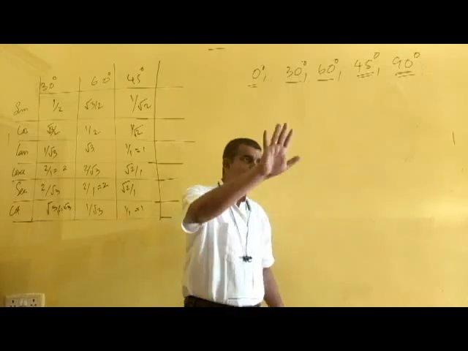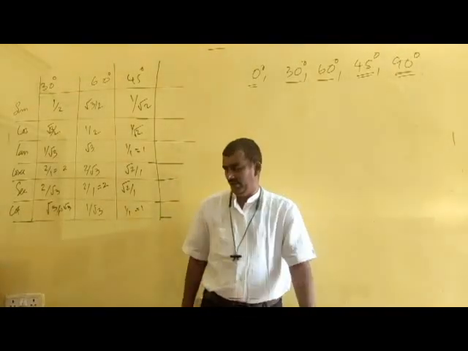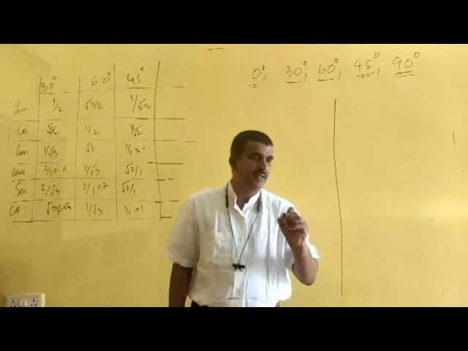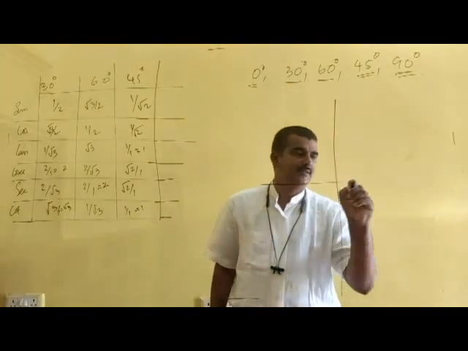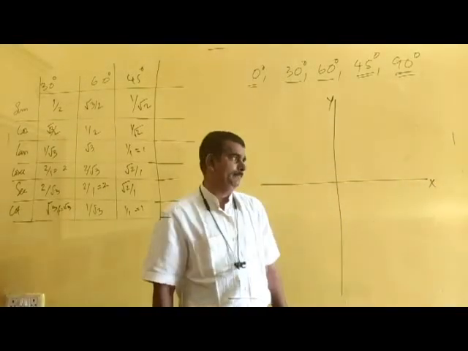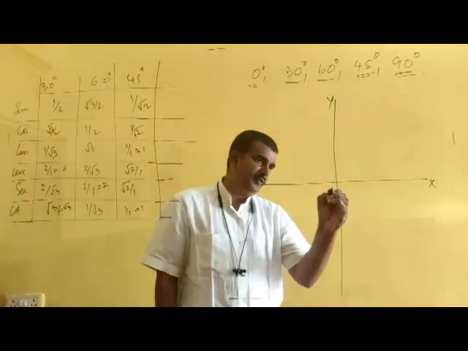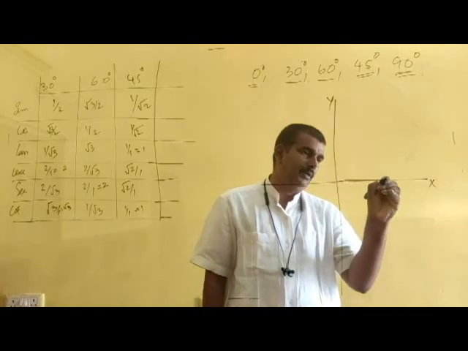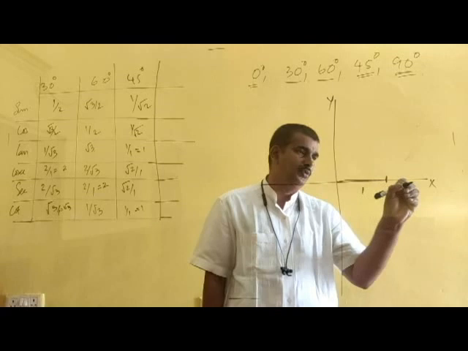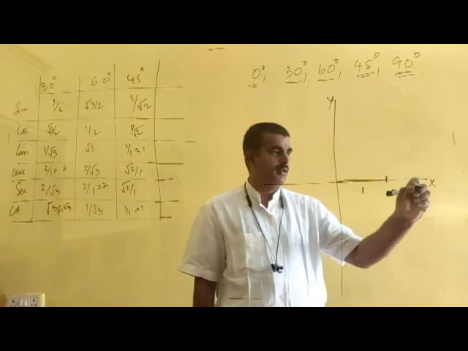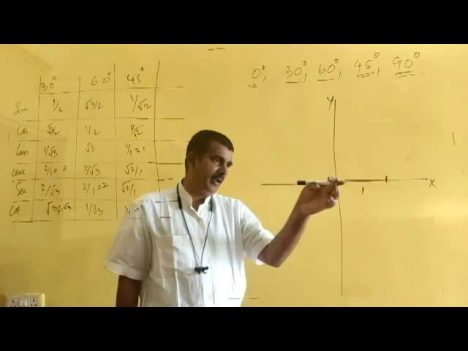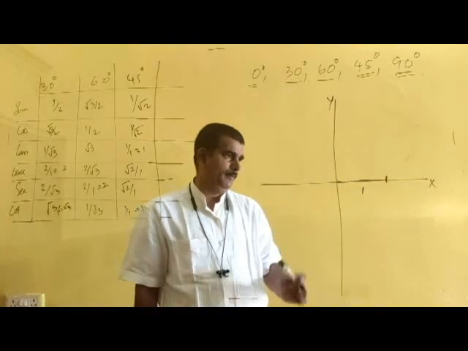For this purpose, I am not drawing any triangle over here. I am drawing a Cartesian diagram, this is the y-axis and this is the x-axis. From here to here, I am taking 1 unit, positive 1, positive 2, positive 3, negative 1, negative 2, negative 3. In that way, I am taking 1 unit.